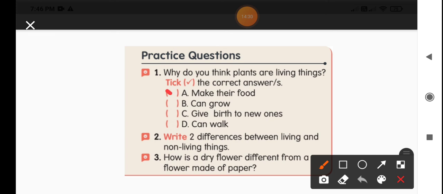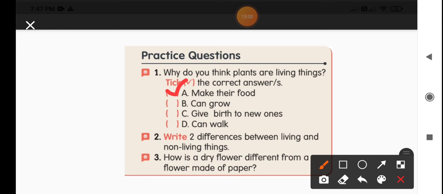Yes, this is because of this the plants are living things. Can grow? Yes. Give birth to new ones? Yes. When they are seeds we sow in soil, they can grow into seedling. Baby plant comes. So that's why they are coming under living things. Can walk? Are the plants walking? No.